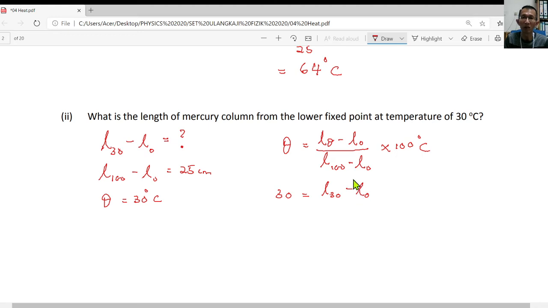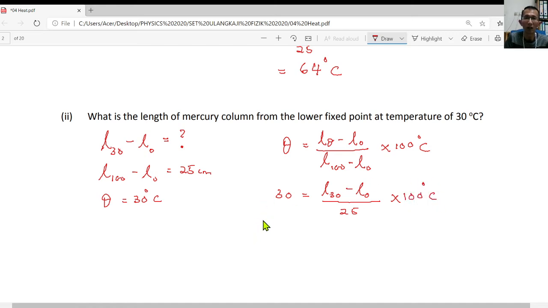I am just replacing theta with 30 because theta here is 30 degrees Celsius, divided by L100 minus L0, that is 25, and then multiply by 100 degrees Celsius.